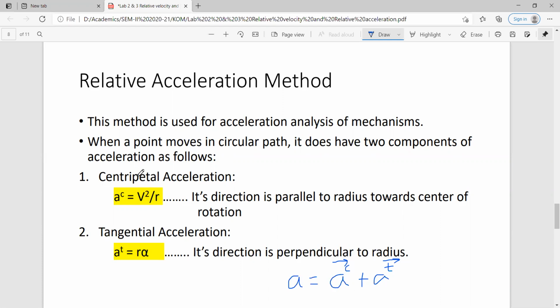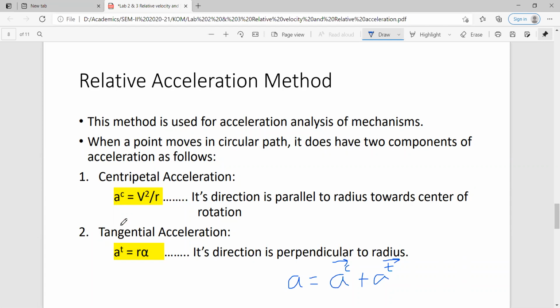So let us see what the centripetal acceleration is. What is the formula for it? That is v square upon r, where v is the particle velocity. R is the radius of the point. Radius is the distance of the point from the center of rotation.